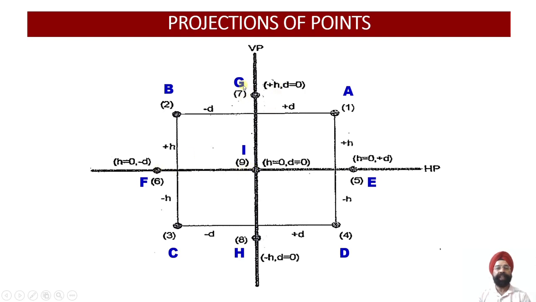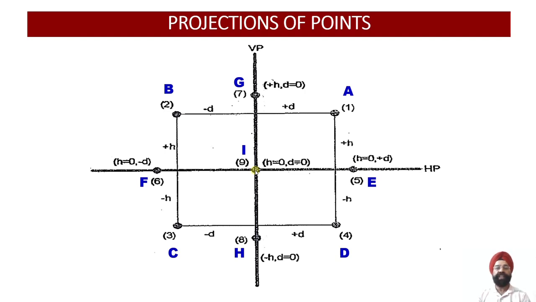The 7th point, point G, lies in the vertical plane and above the horizontal plane. Point H or point 8 lies in the vertical plane but below the horizontal plane. And finally, point I or point 9 lies in both the horizontal plane as well as the vertical plane.